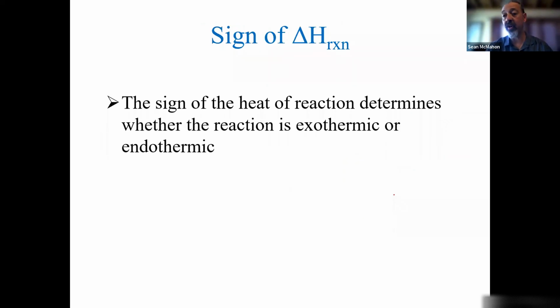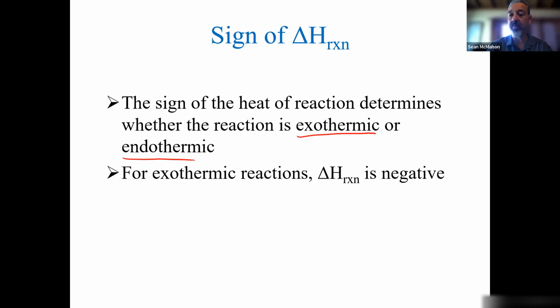So for your enthalpy of reaction or your heat of reaction, you can use the signs, whether they're negative or positive, to determine whether it's exothermic or endothermic. So for an exothermic reaction, just like Q can be negative, lose heat, Q is for a system. For a reaction, if it's negative, it's exothermic because the reaction is releasing energy, heat.